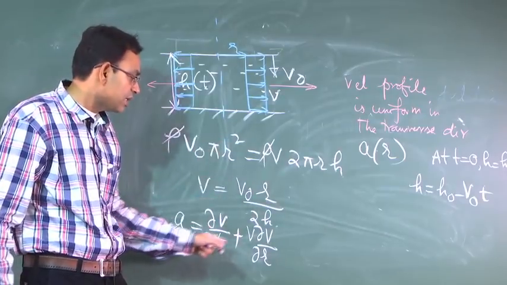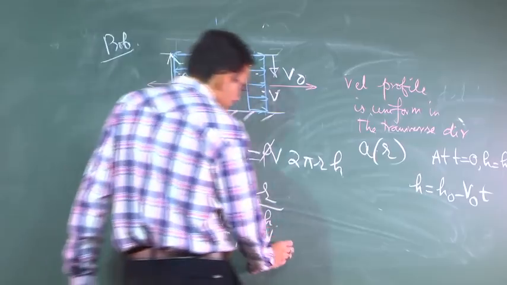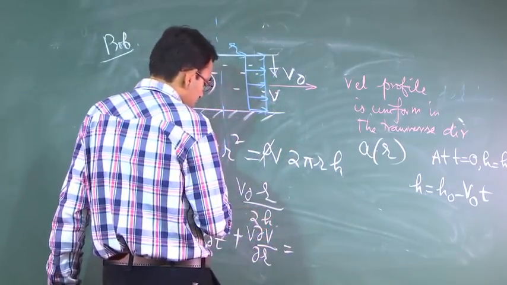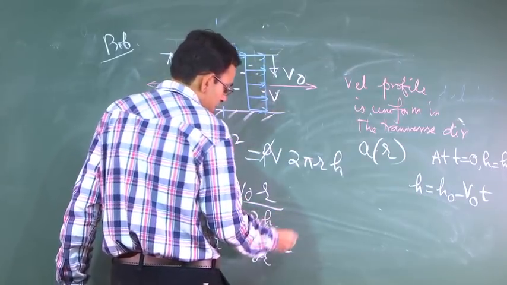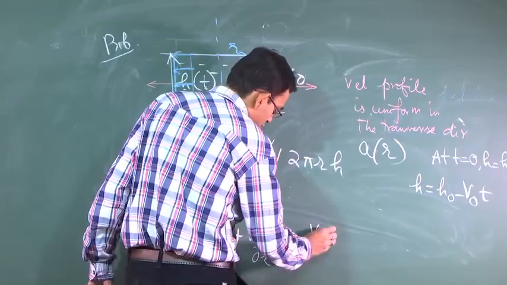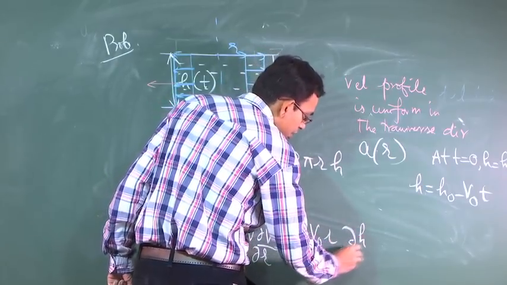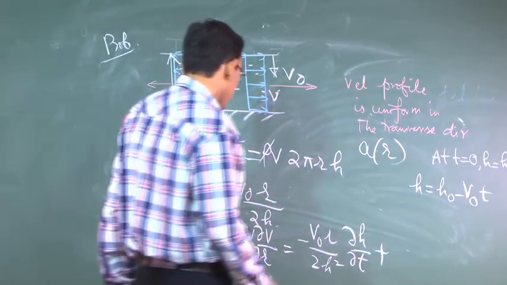Here the coordinates are t and r. So del V del t is, so in the V the function of t is h. So minus V0 r by 2 h square del h del t plus V del V del r.